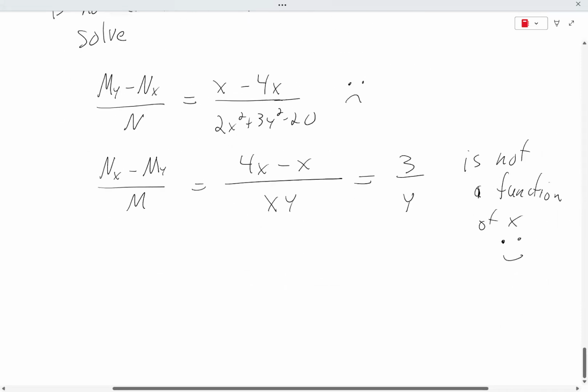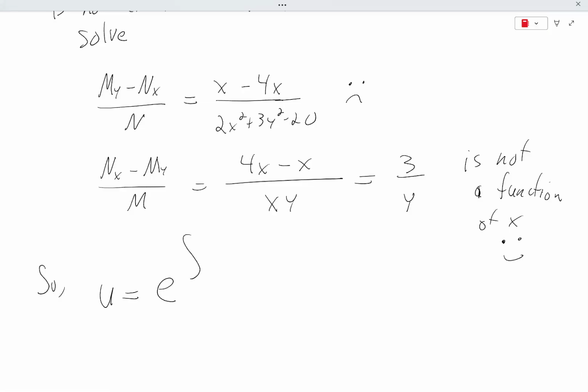Okay, so now the integrating factor, right? So we get u equals e to the integral of n sub x minus m sub y over m dy, and that's equal to e to the integral of 3 over y dy, like this.